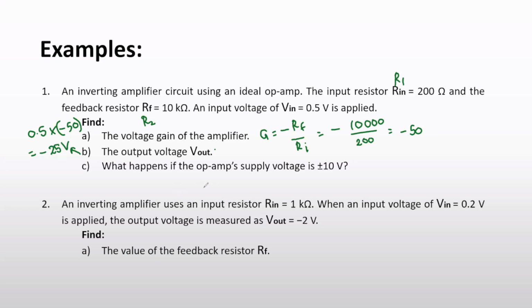Then you ask what happens if the op-amp supply voltage is plus or minus 10 volts. It means that with a supply voltage of plus or minus 10, you cannot provide minus 25 volts. Therefore, the answer is minus 10 volts. So these are the three answers.